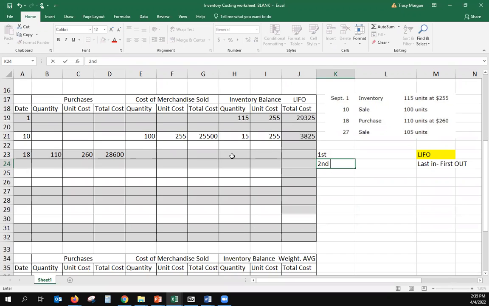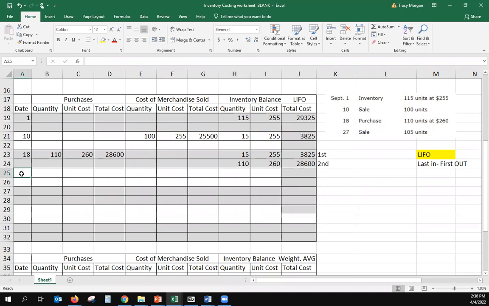So we have 15 units that cost us $255 for $3,825, and now we just purchased 110 units that cost $260, and we'll multiply that out for $28,600. Now we have 2 layers of inventory.